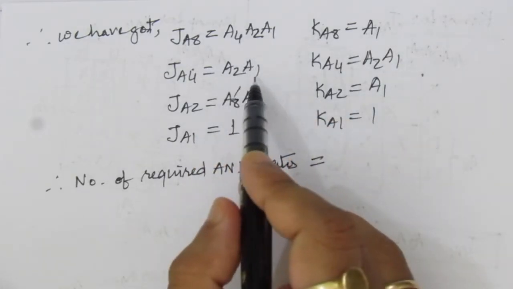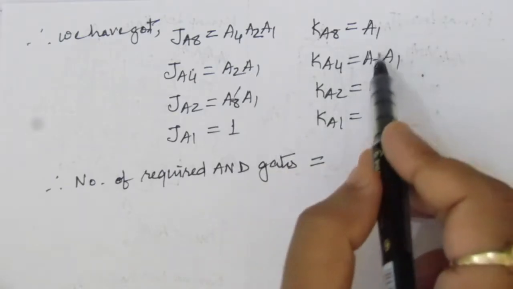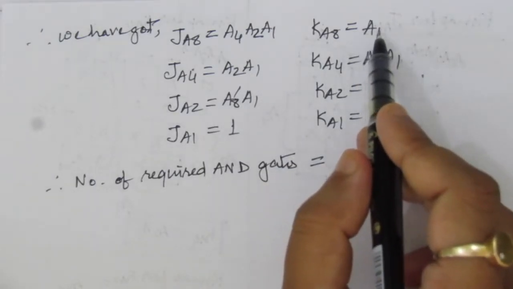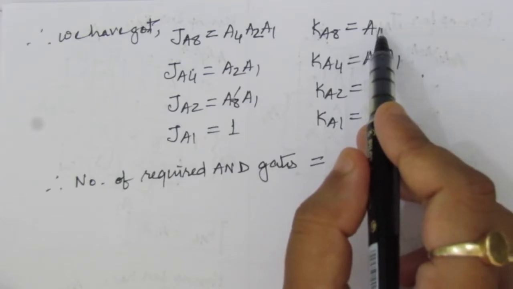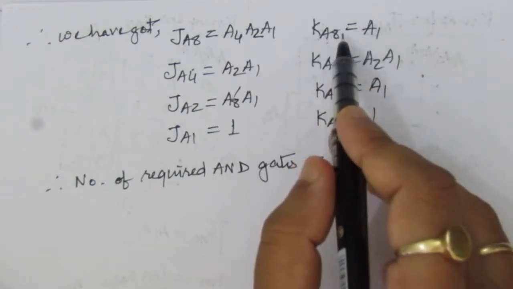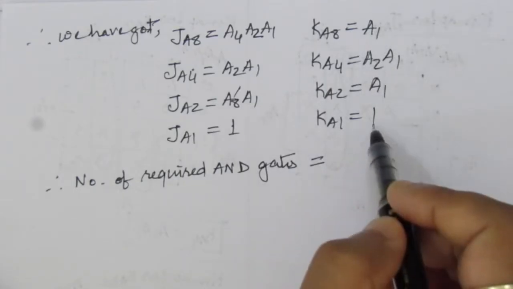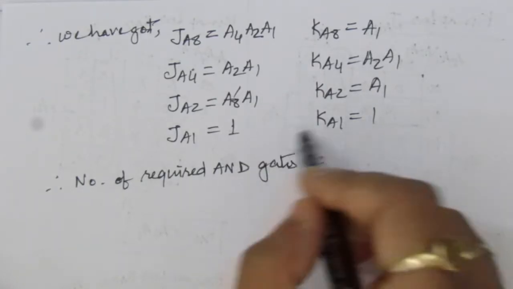Then another 2 input AND gate, 2 input AND gate, 2 input AND gate, and this directly we can connect from the first flip-flop's normal output to this KA8 input. We need not use any gates for these 1 and 1, because directly we can connect to logic level 1.